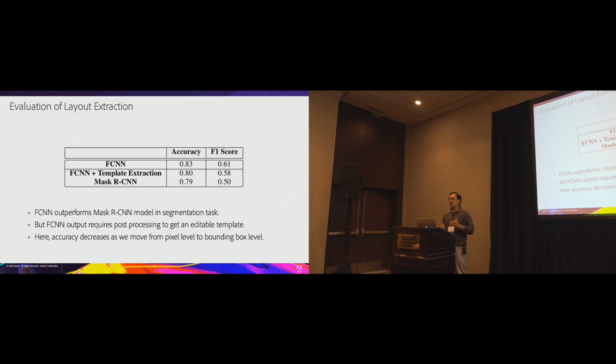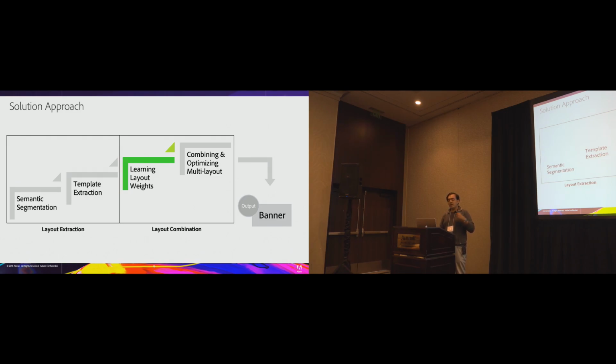While they were pretty comparable, in certain places we could see the FCNNs were more precise than the Mask RCNNs. So we proceeded with the FCNN-based framework. To summarize the first part, for the layout extraction, we have the input image, and from it we wanted to extract the underlying constituents of the image so that we could extract the underlying template.